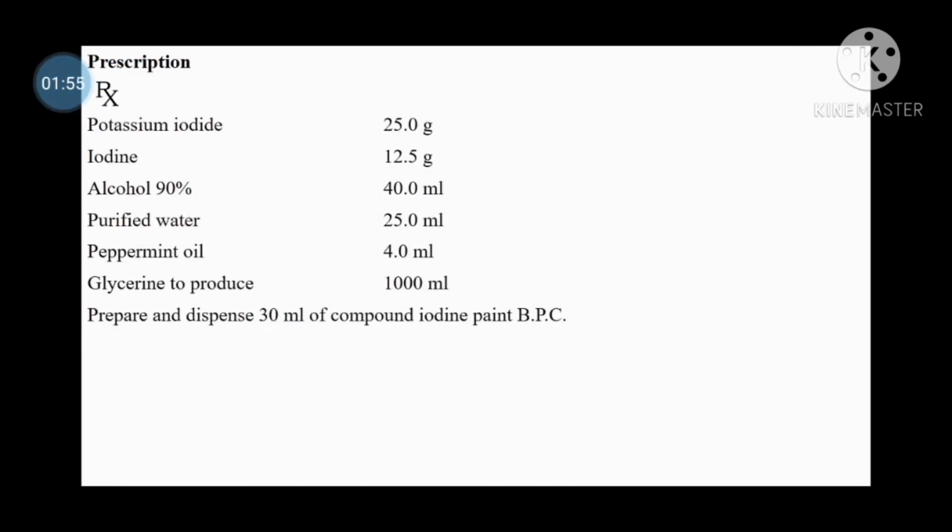The prescription is: potassium iodide 25 gram, iodine 12.5 gram, alcohol 90% 40 ml, purified water 25 ml, peppermint oil 4 ml, glycerin to produce 1000 ml. Prepare and dispense 30 ml of compound iodine paint BPC.